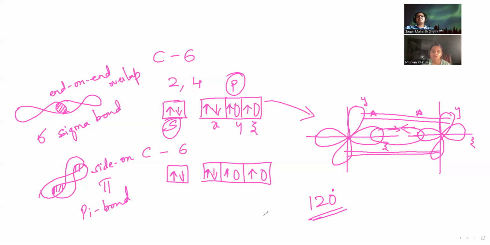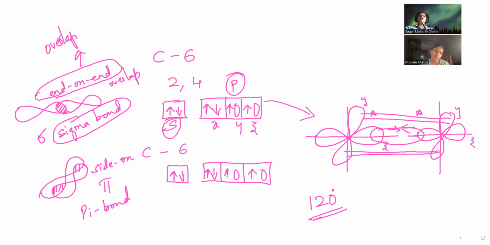It's not depending on hybridization, but it depends on which type of overlap we are talking about. End-on-end overlap, whenever it takes place, results in the formation of a sigma bond, where the overlap of the orbitals is maximum.